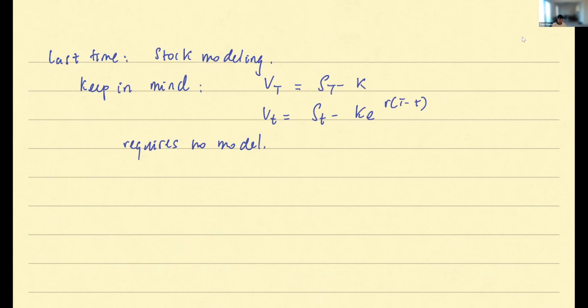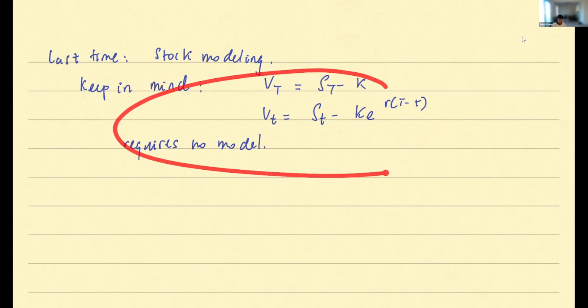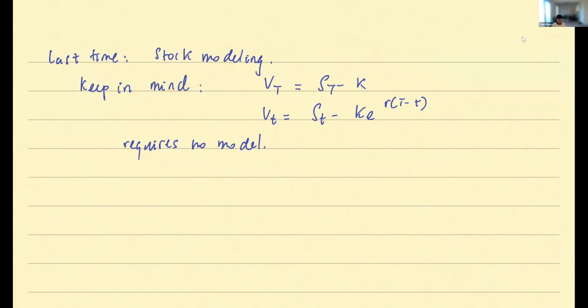There's a certain product like this that requires no model. So for other products, like the call option, you want to think about why.